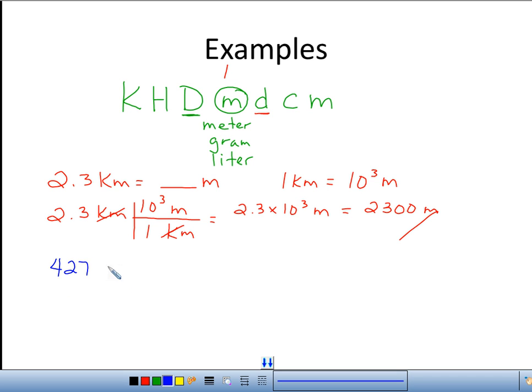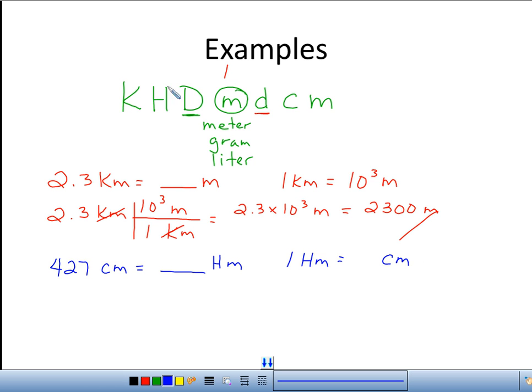427 centimeters, and we want to know how many hectometers that is. So what's the relationship? Well, let's look at it. We'll start with the bigger unit, and we're going to say 1 hectometer, because I put the 1 on the bigger one, is equal to how many centimeters?